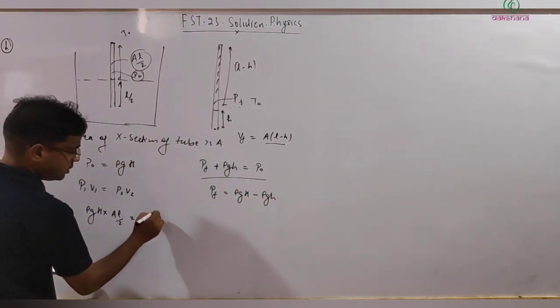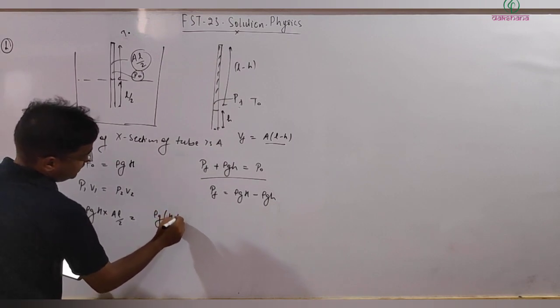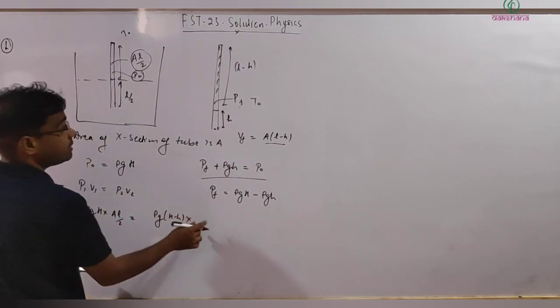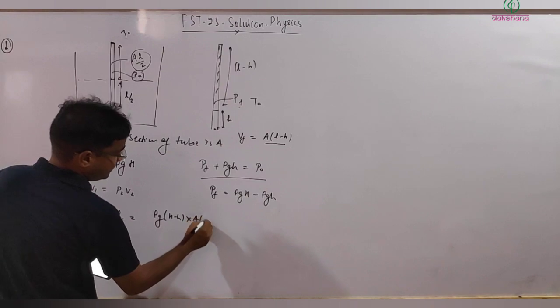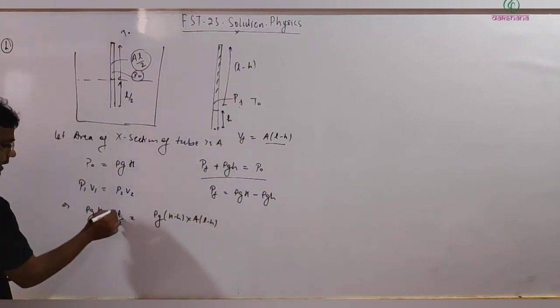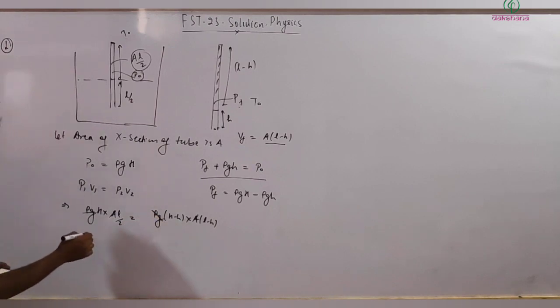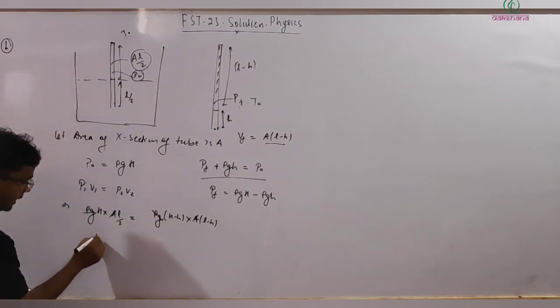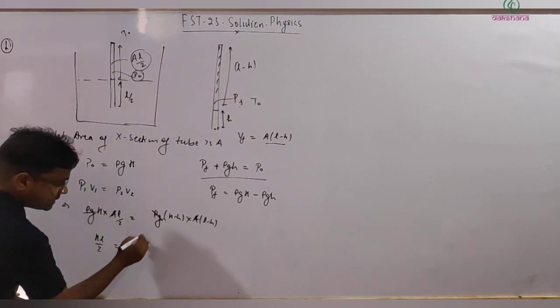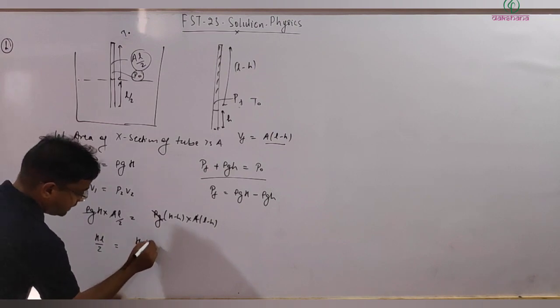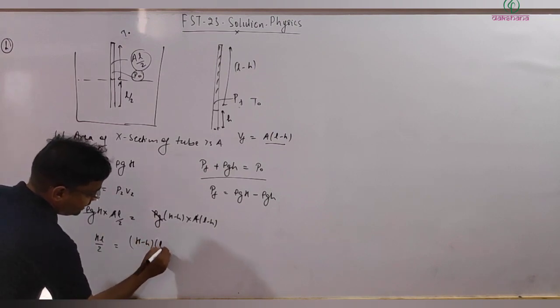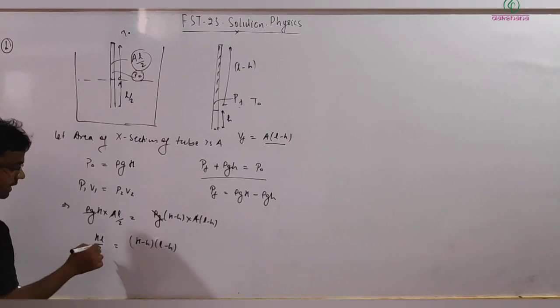This can be written as rho g times capital H minus small h, multiplied by the volume A multiplied by L minus h. A cancels, rho g also cancels, and we are left with H L by 2 equals H minus h into L minus h. This is the final expression.